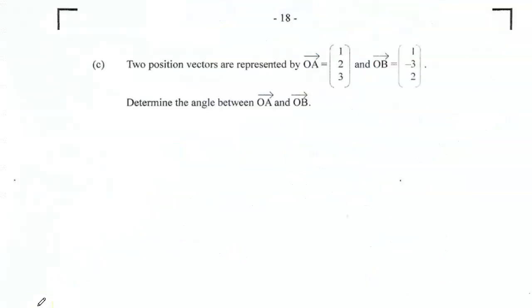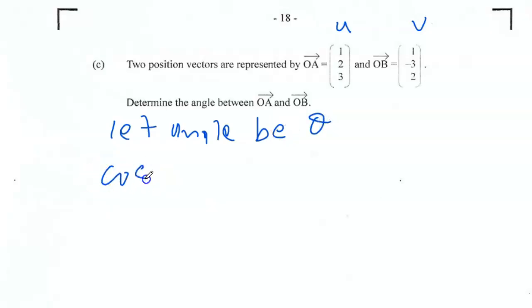Part C, two position vectors are represented as OA and OB. Let me just call these U and V. Find the angle between OA and OB. We can say let the angle be theta, and we know that cos theta is U dot V, the dot product or the scalar product of the two vectors, upon the product of the moduli.